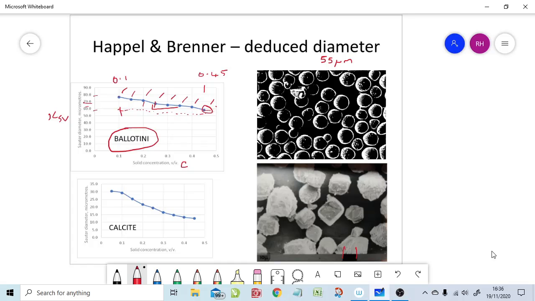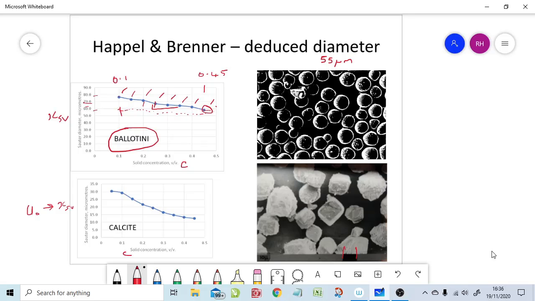Same thing done over here as we did with the Ballotini. We measured a whole load of settling velocities, reworked the force balance equation and the permeability to give us the particle size. And we have particle size plotted here against concentration again.